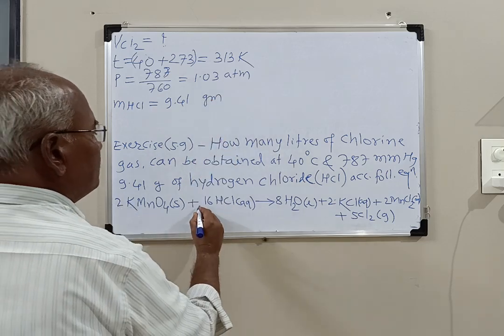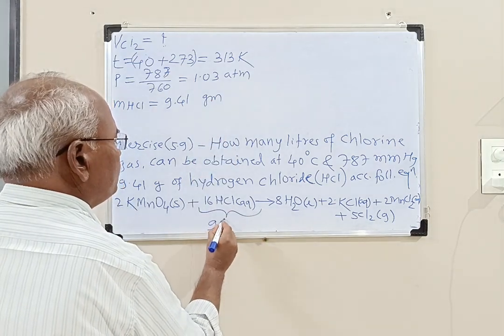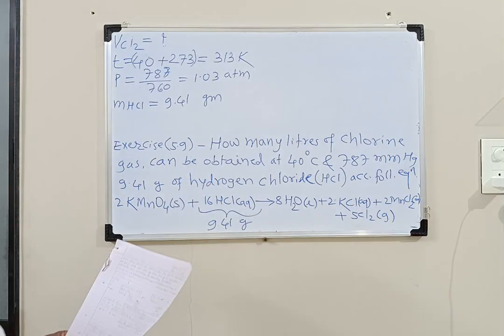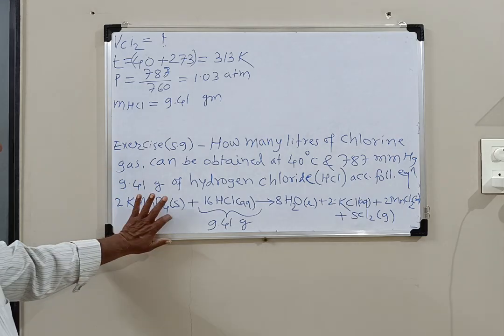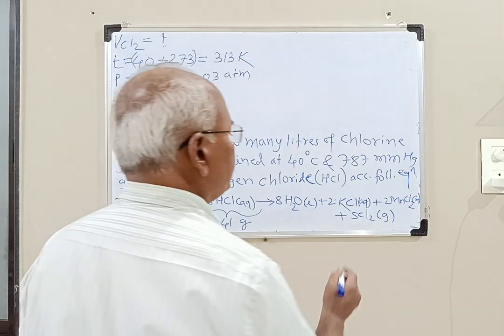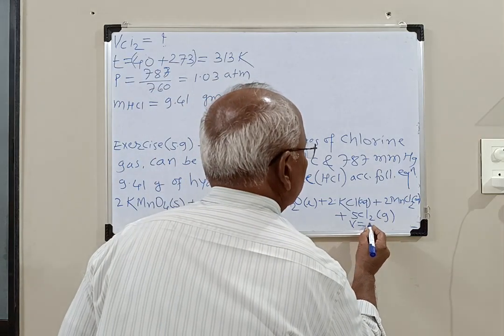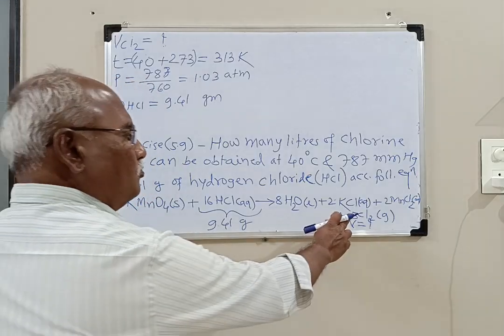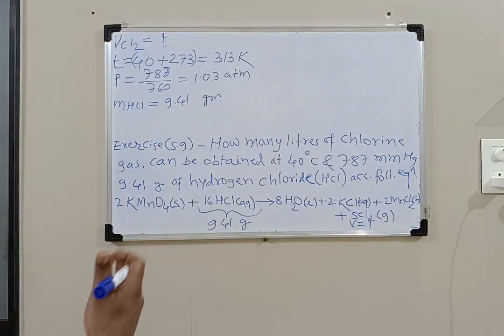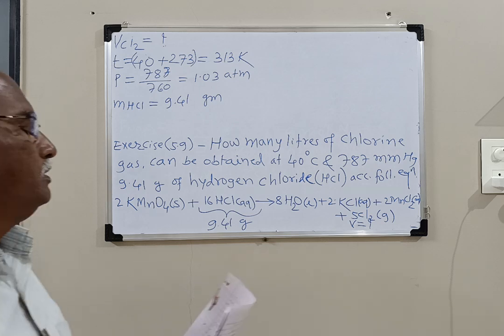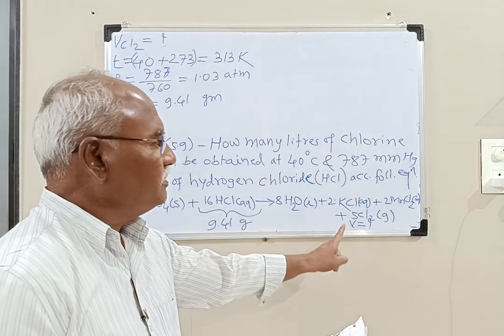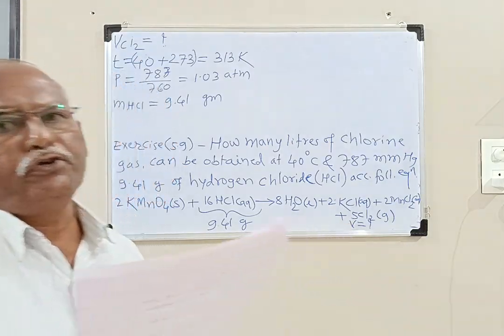The mass of HCl is given as 9.41 gram. So from this equation, we want to calculate the volume of chlorine. 5 moles of chlorine are produced. We have to convert moles into volume.